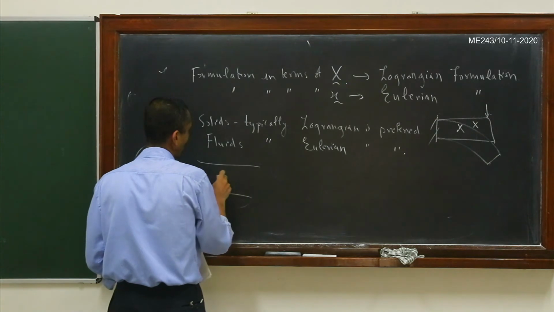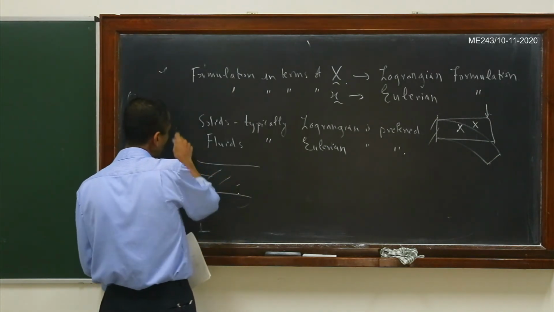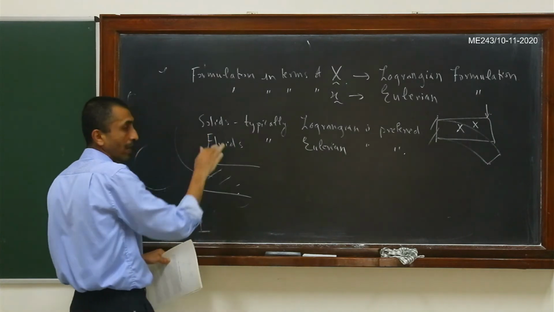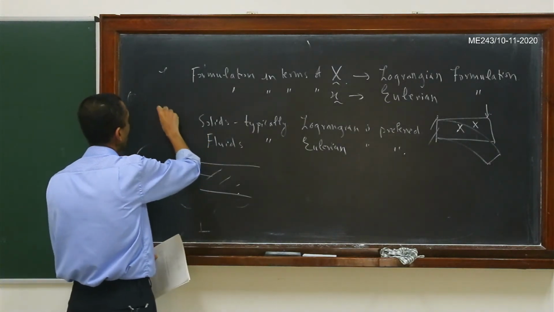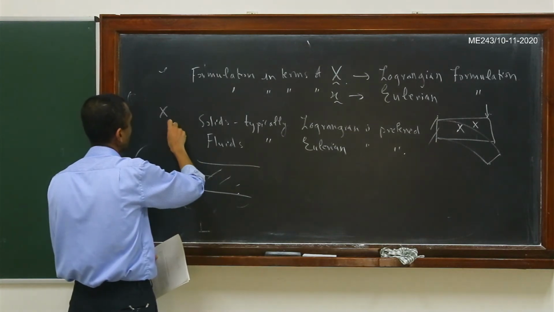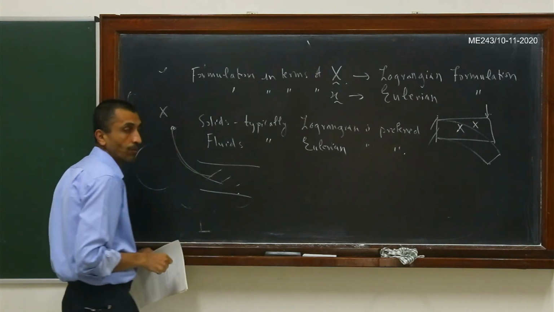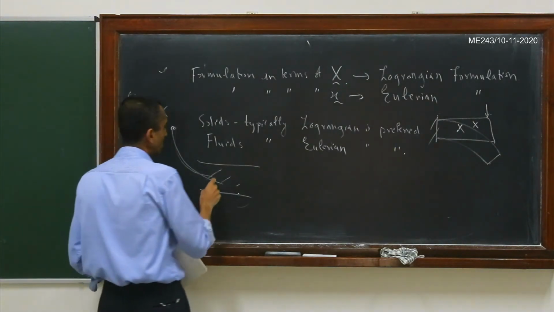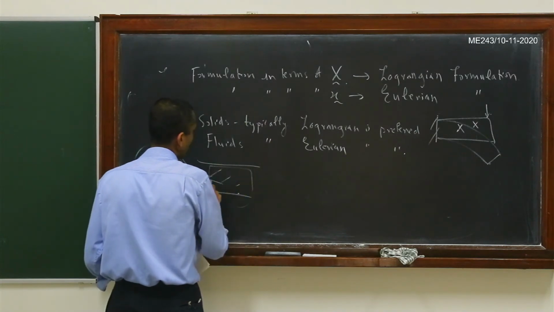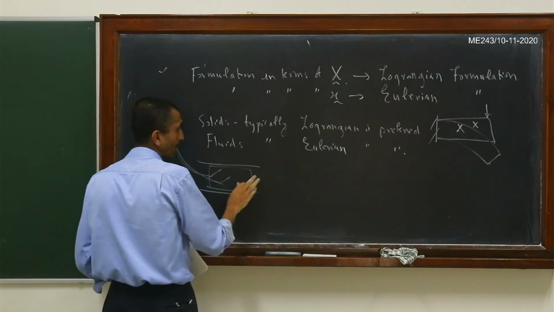But in fluid mechanics, typically what happens is that maybe we are studying, let's say, flow in a channel or something like that, and the water or the fluid is coming from some overhead tank or somewhere, and we do not know typically what the X is, right? So if you take some typical particle of fluid, we do not know what the original position of that fluid particle is. And so in the case of fluids, typically we are studying something within some fixed space like a control volume.